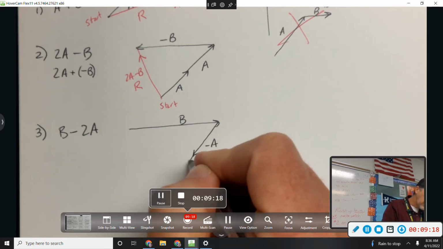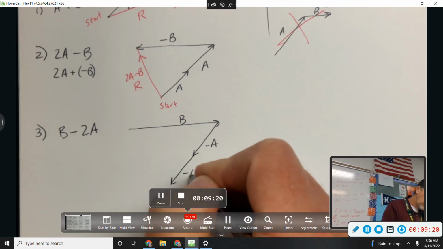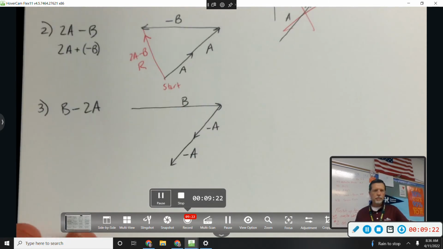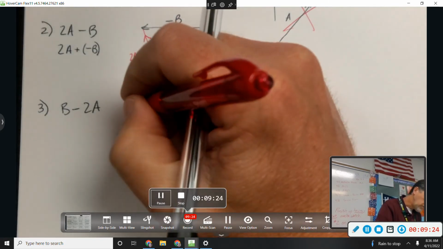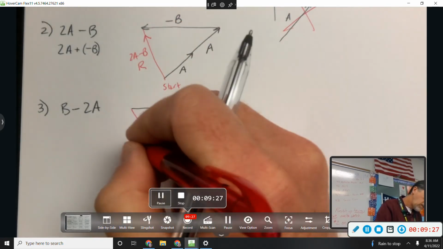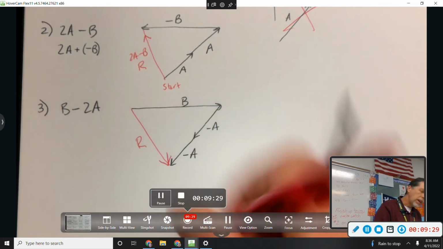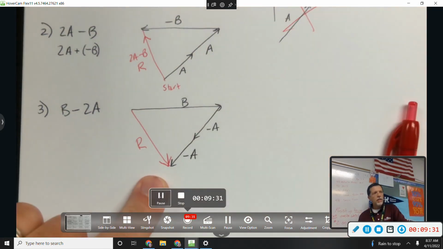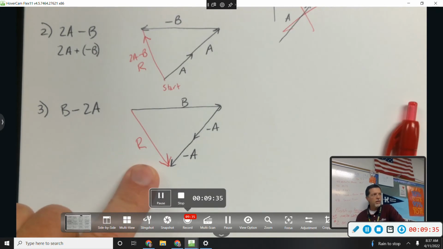Negative A. And another negative A. So from start to finish, there's my resultant. Again, you have to have an arrowhead on there, and it's got to be going the right way. You will lose points if you do not put the arrow on there.